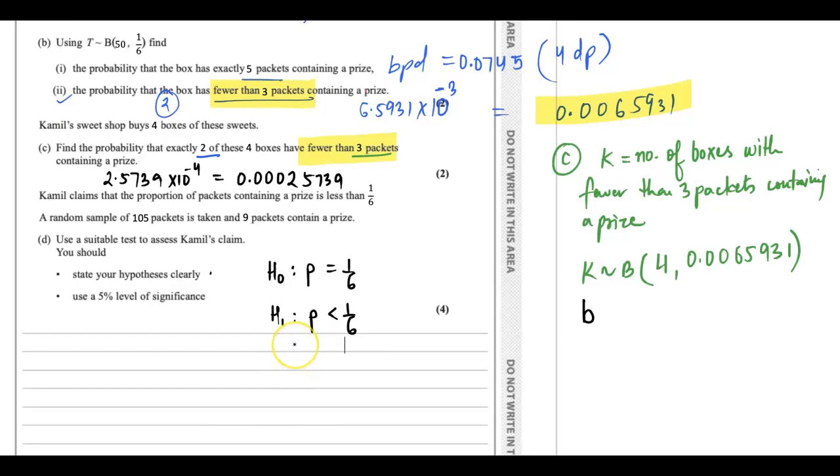Now let's do the same thing with these values. The number of trials, n, is going to be 105, the lower value is going to be 1, and the upper value is going to be 9.